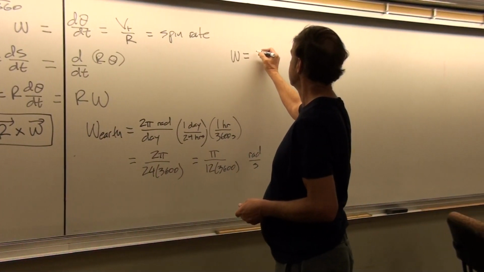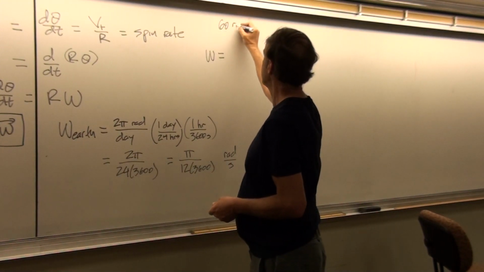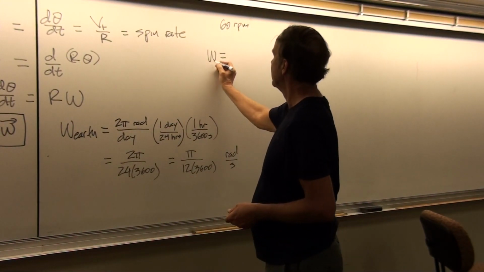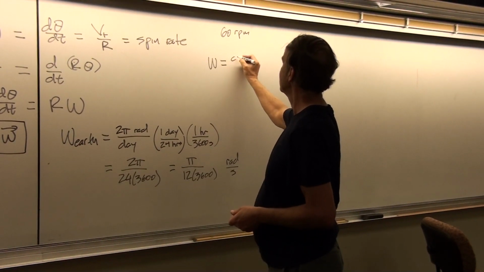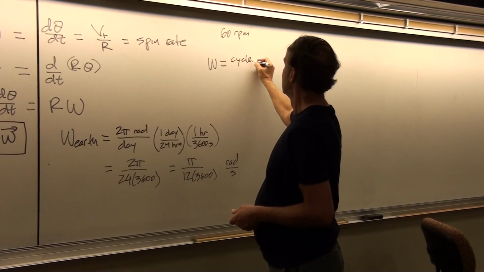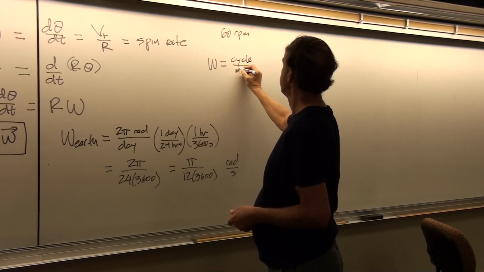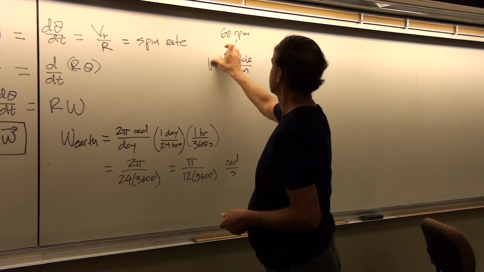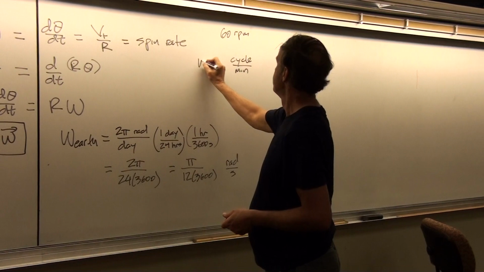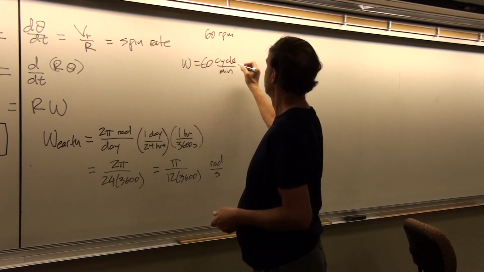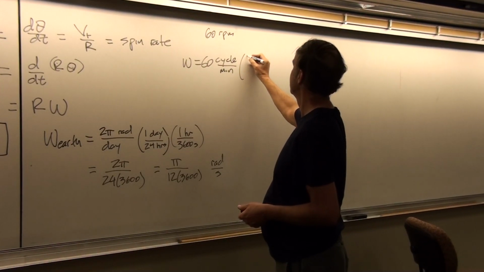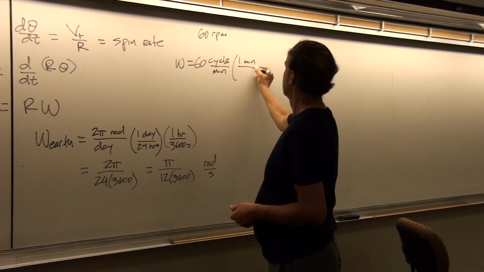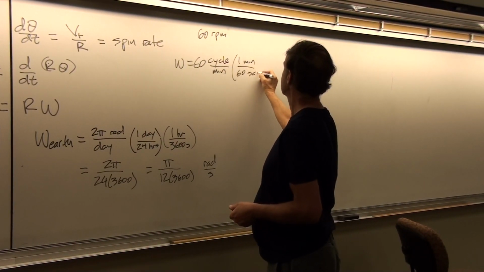Omega, if it's equal to 60 RPM, that is units of omega, but it's the wrong units, so we'll write it as cycles per minute. Put a 60 in there. And then we'll convert minutes to seconds by saying that 1 minute for every 60 seconds.